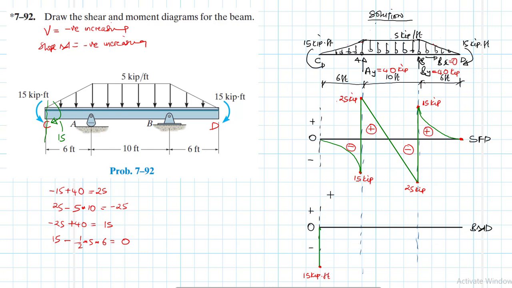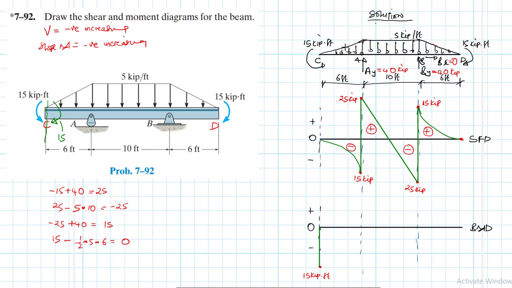All right, and then we are saying our moment is going to be negative and increasing. So from C here to this point here, we need to find the value of this particular moment.